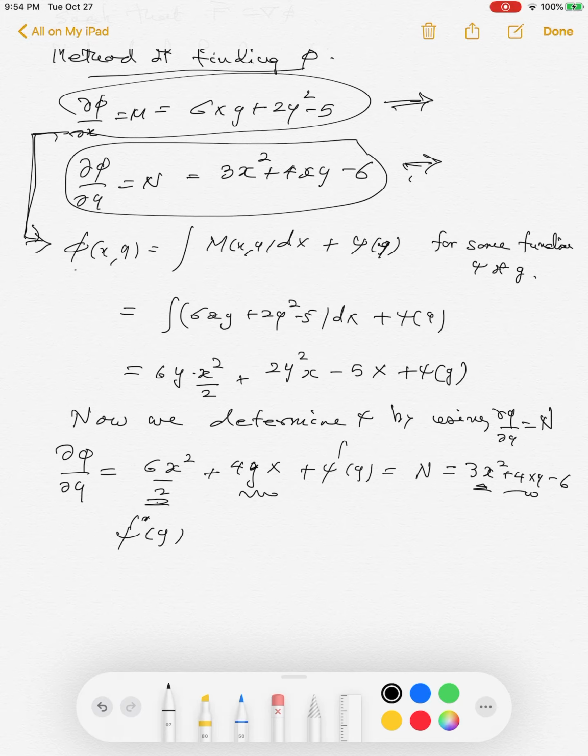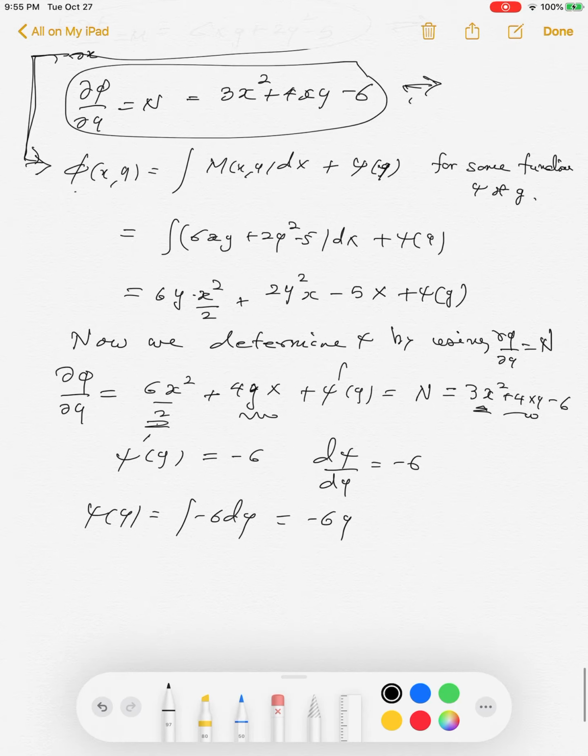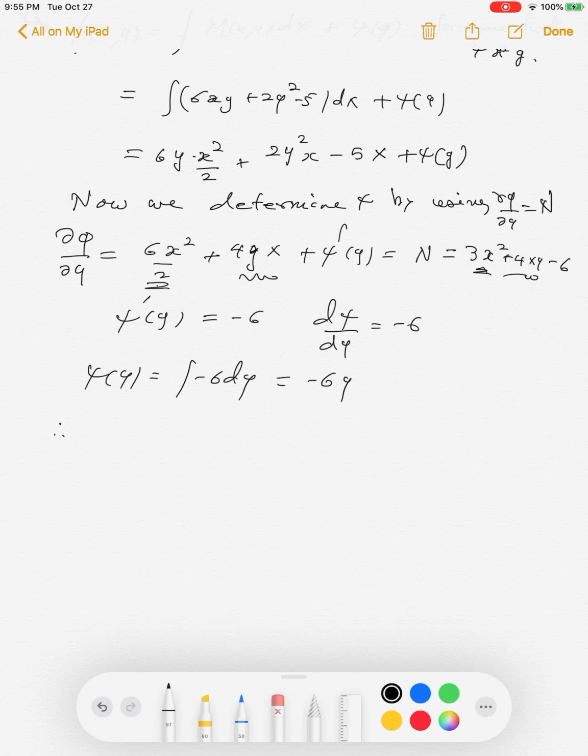So this is same as that, this is same as that, so that gives you psi prime of y equal to minus 6. So d psi/dy equal to minus 6. So psi of y is going to be the integral of minus 6 with respect to y, which is minus 6y.